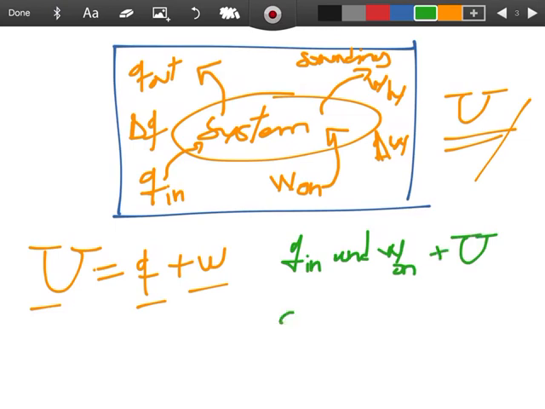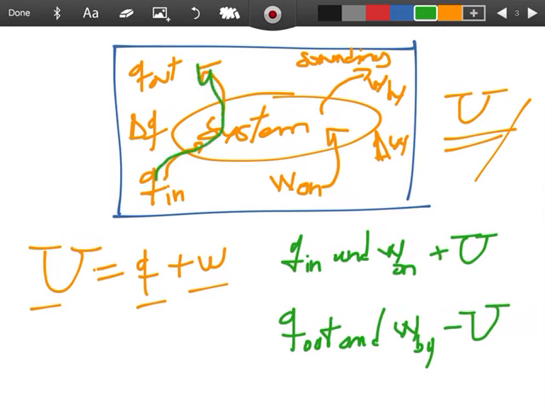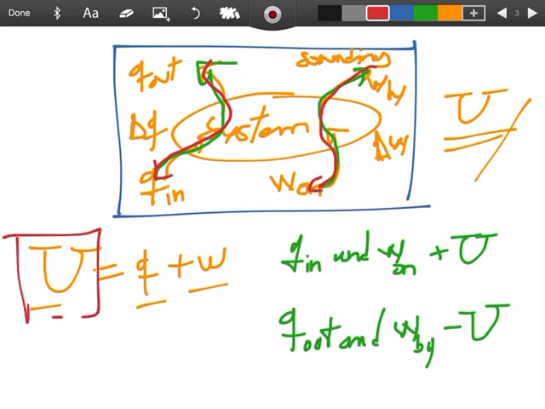Now in the other way, if you take heat out of the system and work is applied by the system, the internal energy of the system is going to diminish. So that means that depending on how the heat or the work flows in one direction or another, the internal energy can either increase or decrease.